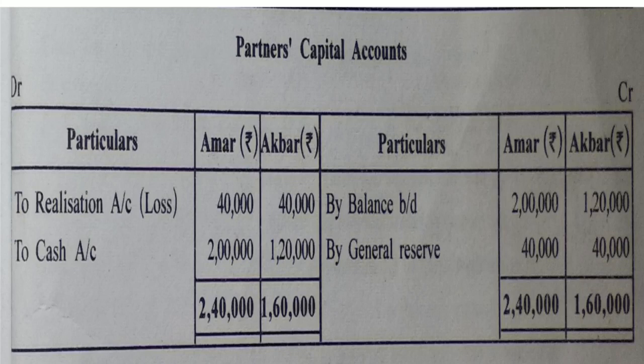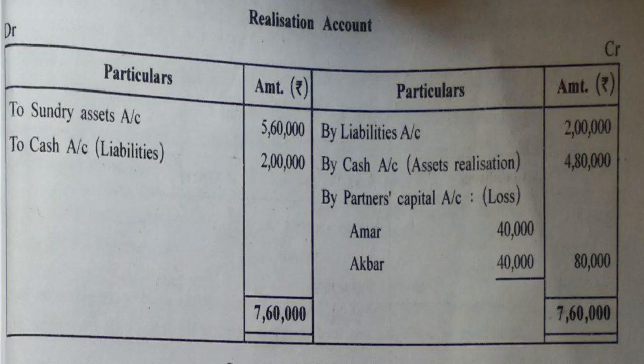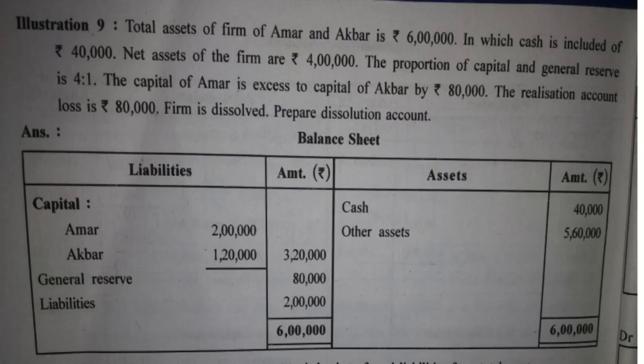Simple. Okay. So the next thing that we have written on credit side is general reserve. Where does this come from? General reserve 80,000 is here. Also, this is obtained by us on the basis of necessary calculations.